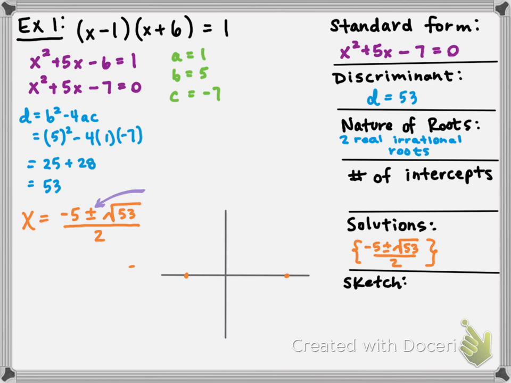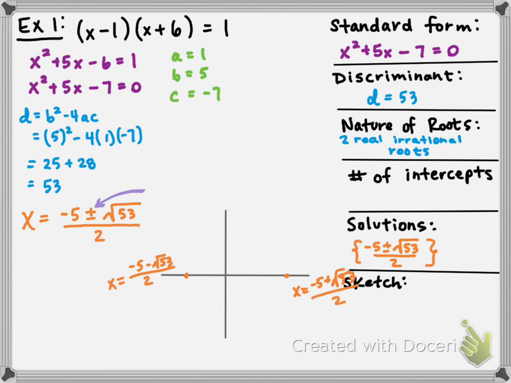We have x equals negative 5 minus root 53, all divided by 2, and on this one x equals negative 5 plus root 53, divided by 2.